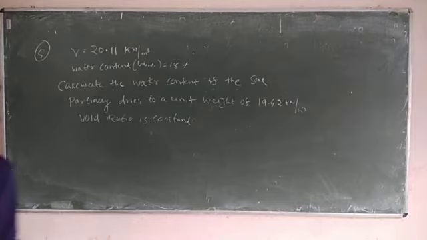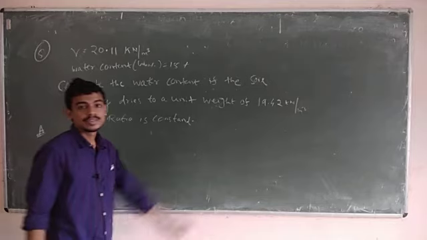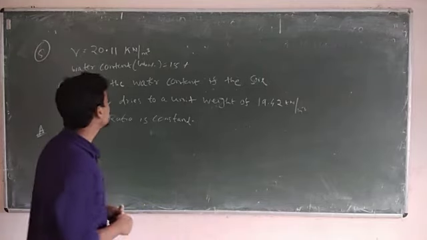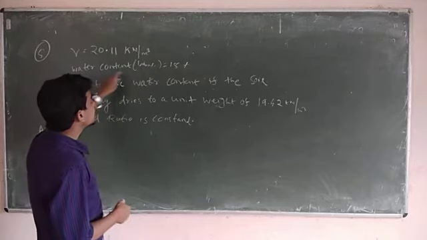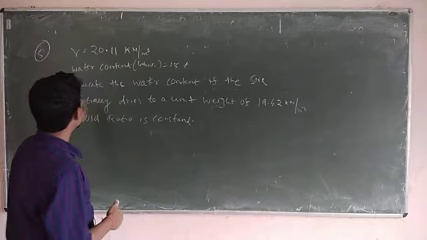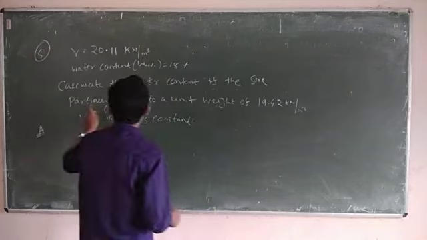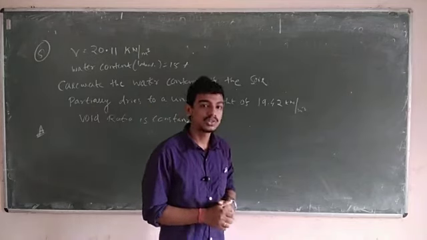Okay, this is our fifth problem. In this problem it is given that our bulk unit weight is 20.11 kilonewton per meter cube and the water content of that sample is 15%. Now you have to calculate the water content if the soil partially dries to a unit weight of 19.42.